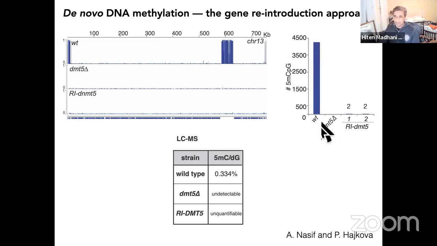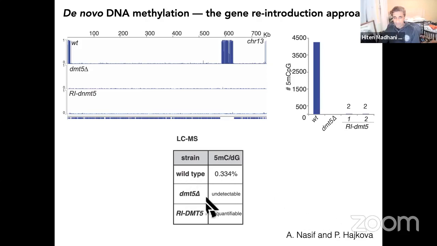If we look genome-wide at all the methylation sites we can assay with this whole genome assay, we can see that the knockout loses DNA methylation, but if we look at two different isolates of the reintroduced strain, you can actually see 2 out of several thousand cytosines becoming remethylated. So it means that a tiny bit of de novo methylation can actually occur in this strain. We also did atomole sensitivity mass spectrometry with Petra Hodgkova in London.